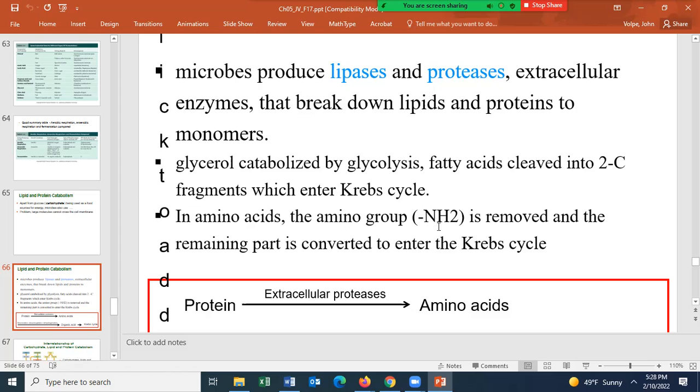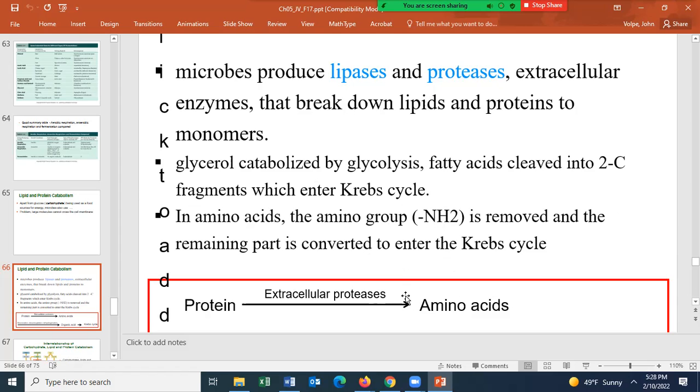And that takes energy to do as well. The monomers from lipids and proteins enter aerobic respiration either in glycolysis or the Krebs cycle, and then they're digested in the normal way.